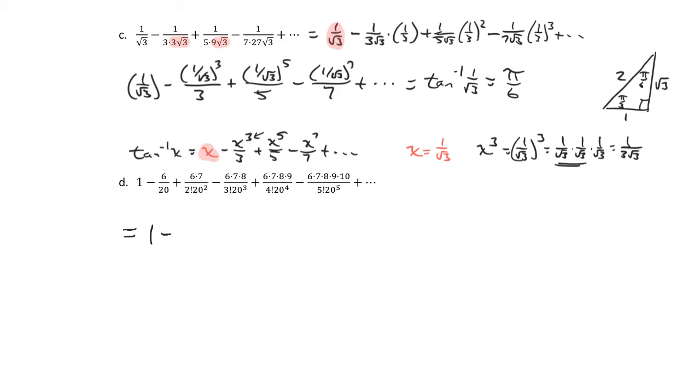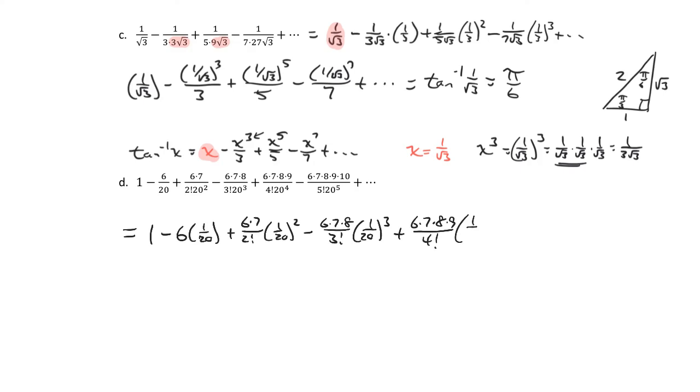We have 1 minus 6 times 1/20th plus 6 times, ooh, there's a 2 factorial in there. Let's say 6 times 7 over 2 factorial times 1/20th squared minus 6 times 7 times 8 over 3 factorial times 1/20th cubed. And maybe we'll do just one more here, plus 6 times 7 times 8 times 9 over 4 factorial times 1/20th to the 4th, and so on.